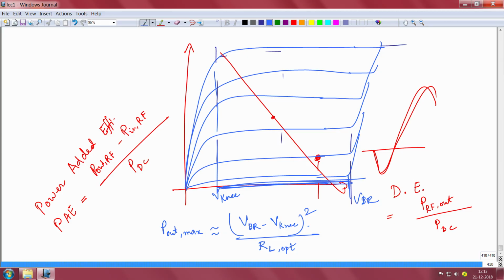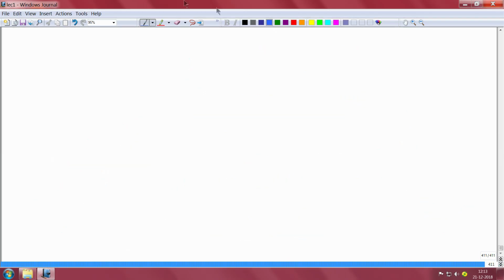To work as a power transistor, of course, it depends, many important things are there. One of the things, which we shall not discuss here in much detail, is called the small signal model. The small signal model will tell you how fast the device can work. The two parameters are FT and Fmax. FT is defined as the current gain cutoff frequency, that is the frequency at which the input and the output current will be of the same magnitude, so that your gain becomes 1, and Fmax is defined as that frequency at which your input and output power will be the same, so it is called power gain cutoff frequency, okay.